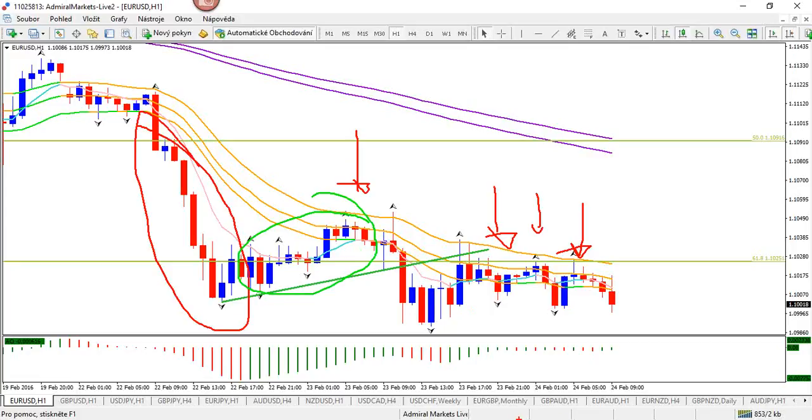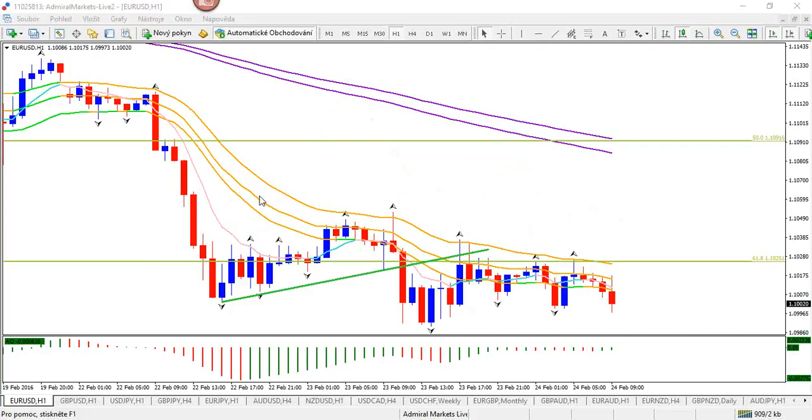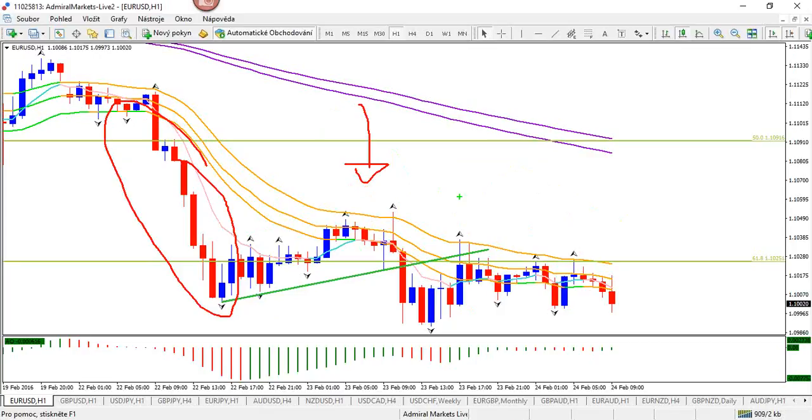The difference between the arrows on the right and the one arrow on the left is that we had momentum here. This was a good momentum. That's why this first turnaround, this first continuation with the red arrow, is a lot stronger of a setup than the setups here.